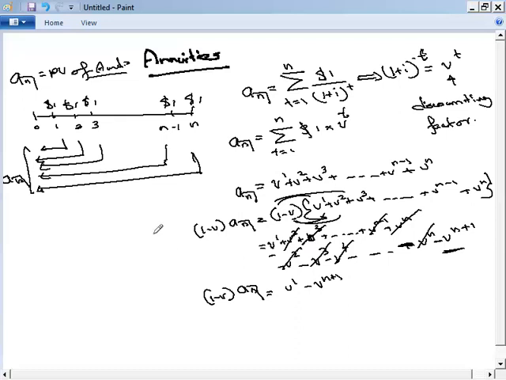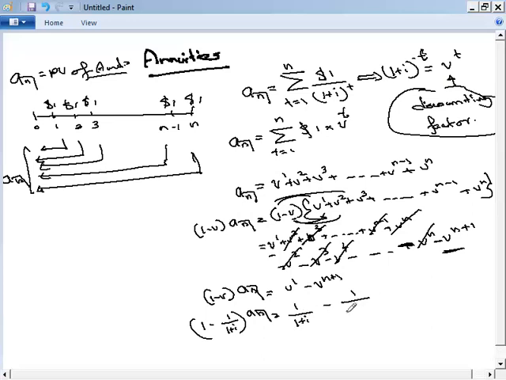If we back substitute this discounting factor, 1 minus v is 1 minus 1 over 1 plus i, and v^1 is 1 over 1 plus i, and similarly this is 1 over 1 plus i to the power n plus 1.